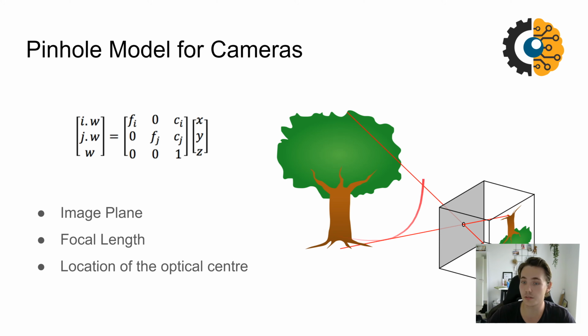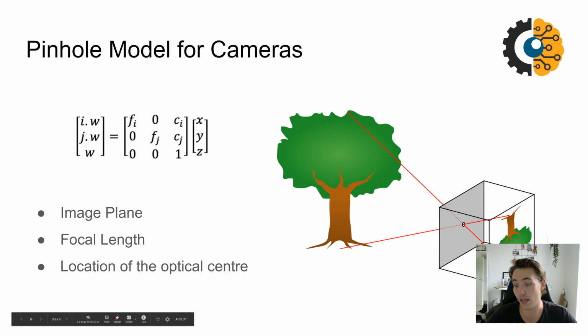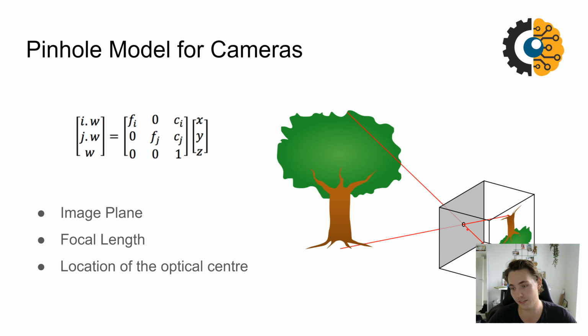And then it sees some kind of object here, and the light gets reflected through the pinhole, and it tries to display the object on the image plane. Then we can set up a matrix for this pinhole model and for cameras. This should simulate what happens in a camera, with the pinhole in the lens that the light goes through.